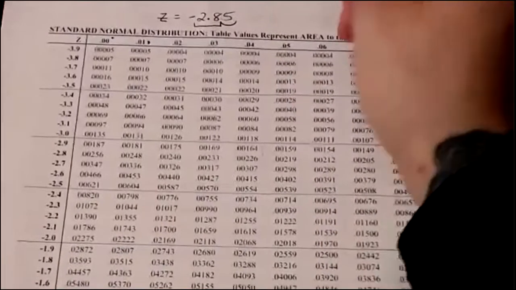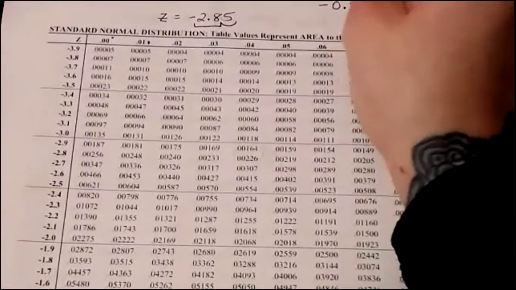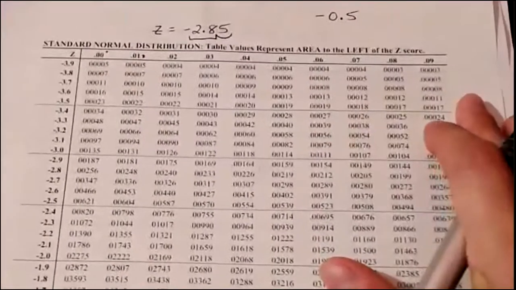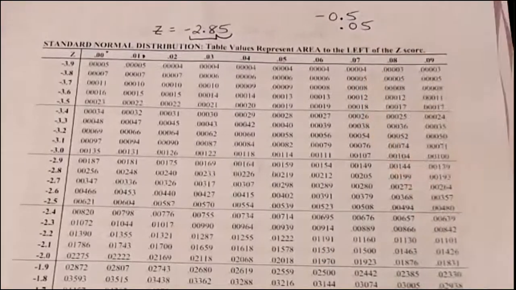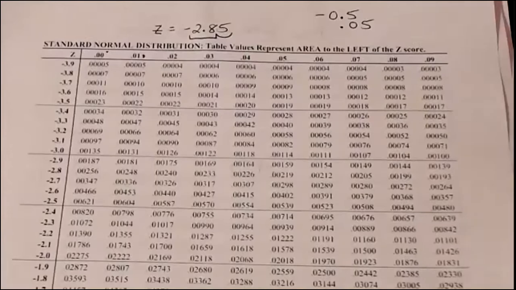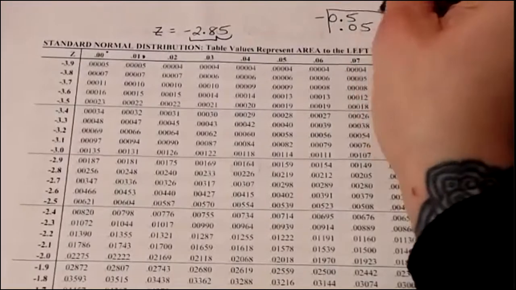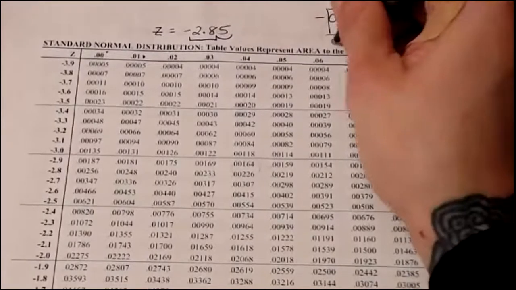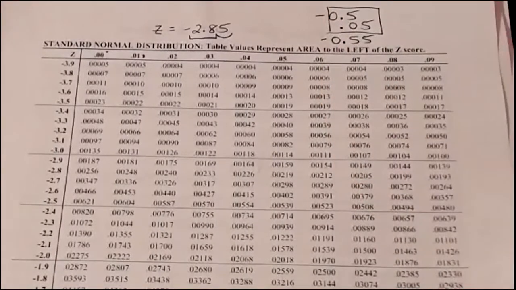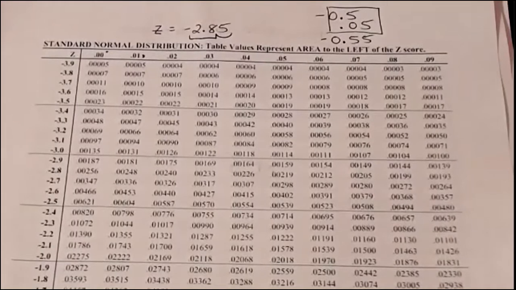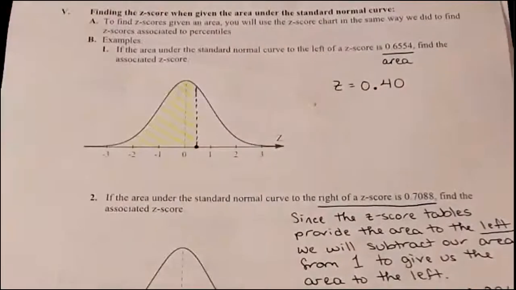Your negative 0.5 is the first part of the z-score. That 0.05 is the rest. So when you combine those together, and you're just looking at this in the positive sense, it'll give you 0.55. And then of course, keep that negative sign. I hope that helps. So negative 0.55 is the associated z-score.